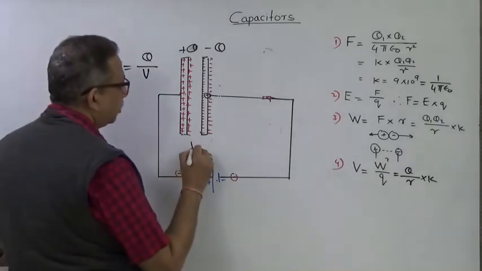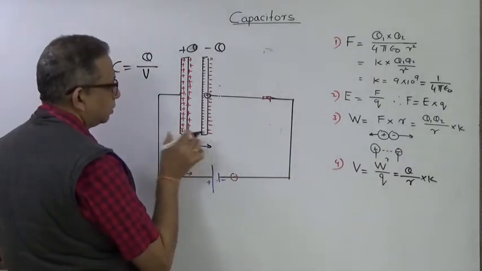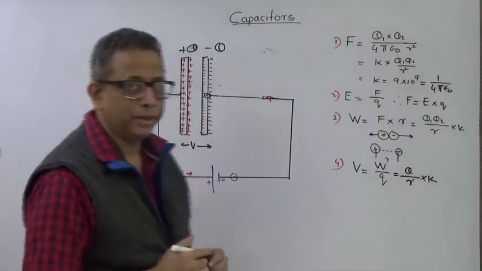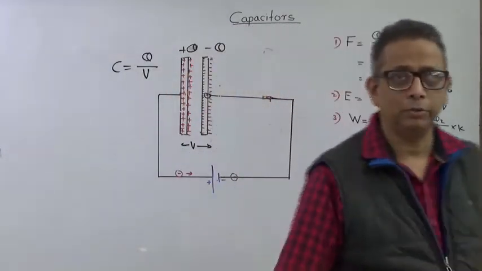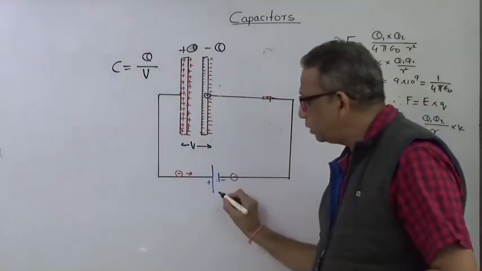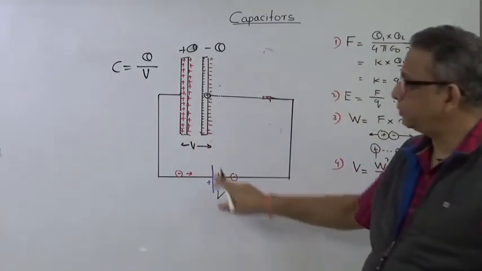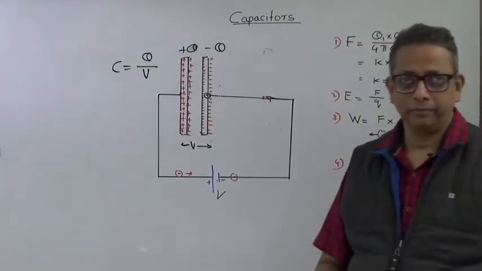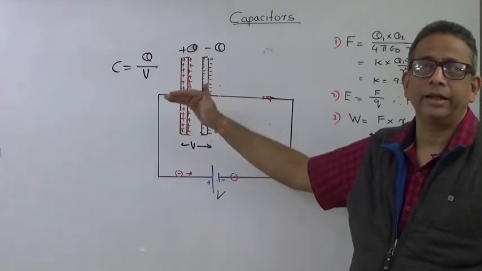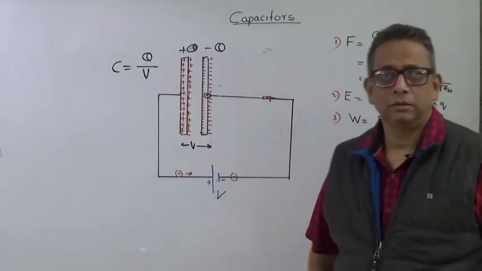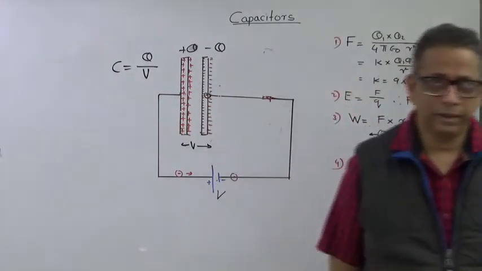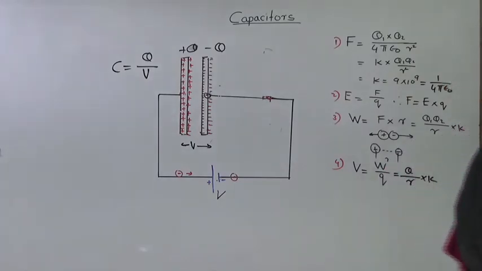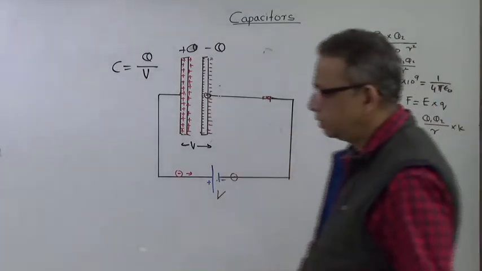So there will also be a voltage, a potential difference between both the plates, which will be equal to the potential of the battery. This V and this V will be the same, right? When a capacitor is connected parallel to a power supply. Are you getting this basic concept of how a capacitor gets charged?